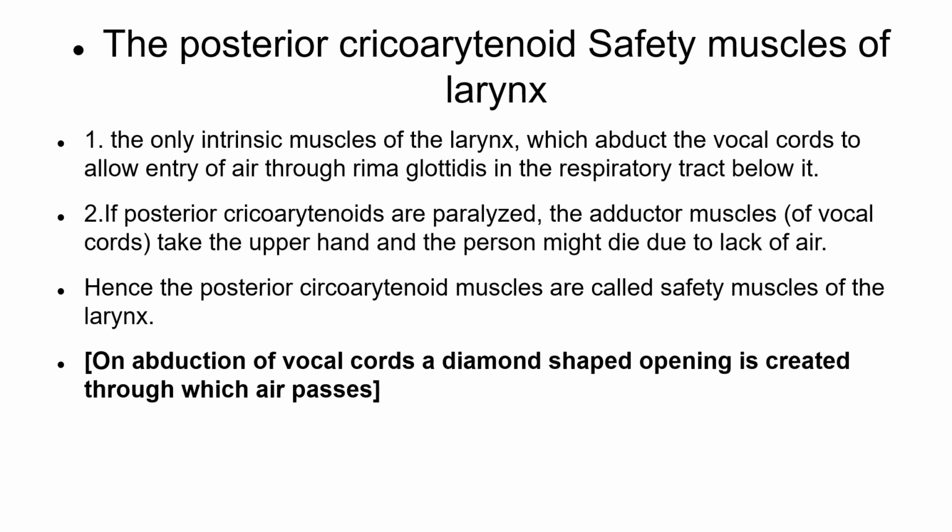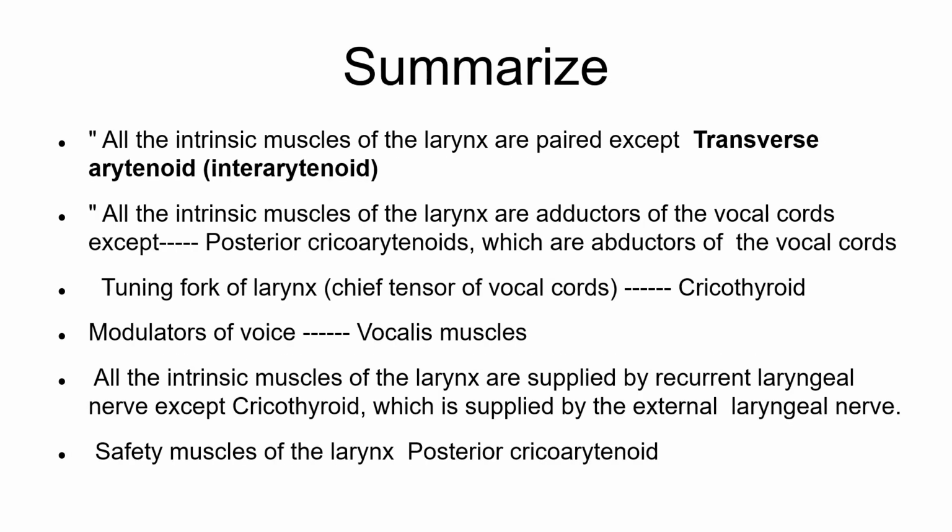It will depend on whether it is unilateral or bilateral damage. So rightly this muscle is called the posterior safety muscle of the larynx, because if the air inlet is collapsed, the person will die due to lack of air. No air will pass to the lower respiratory tract.